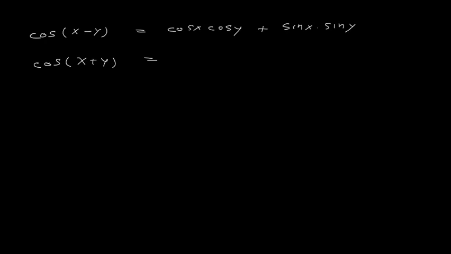Now here it is better that I will write formula for cos (x minus y) first. This is cos x cos y plus sin x sin y. Why I am writing first? Because here I will get plus sign, and similarly cos of (x plus y), we have seen that this is cos x cos y minus sin x sin y.